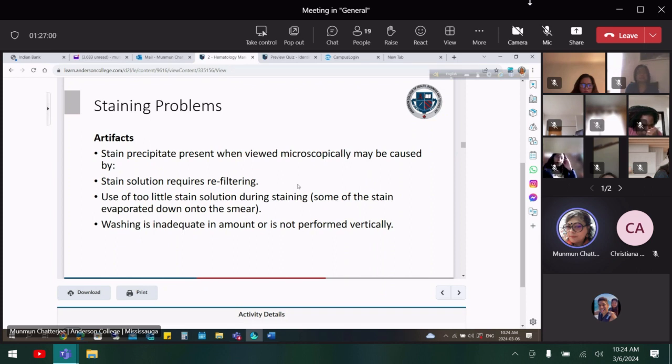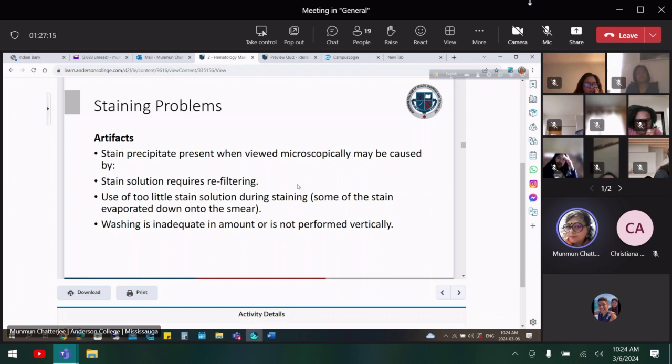All these things can come as an artifact. And as those are in methanol, they are going to be fixed with your smear. So when you see these artifacts, you have to filter the stains.